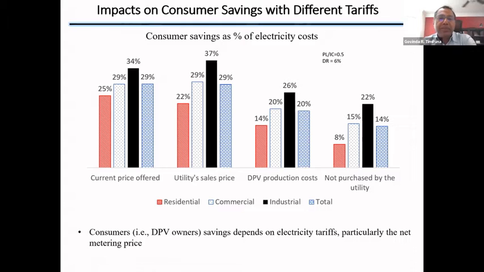Now, what is the impact of DPP on consumer savings under the different tariffs?